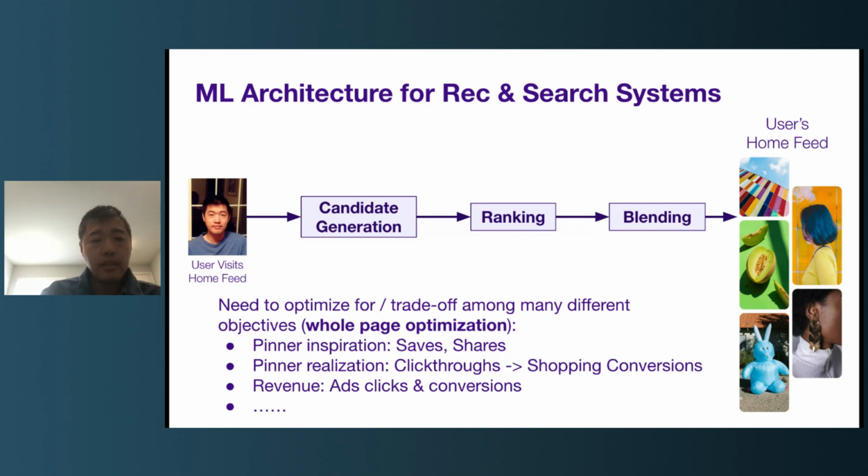So you can see that this is a very generic step-by-step system of layers, but it also shows how we use machine learning to support all these recommendations and search to serve a very engaging experience for our pinners at Pinterest.